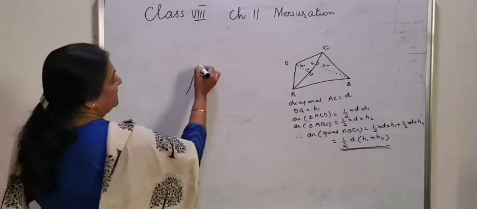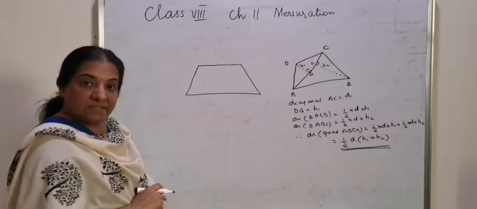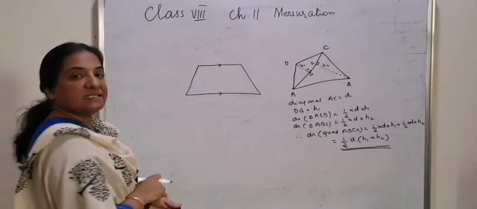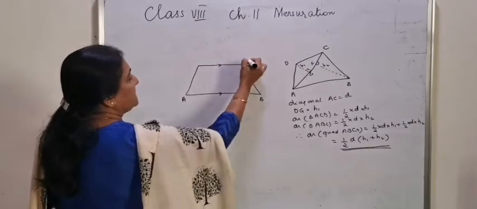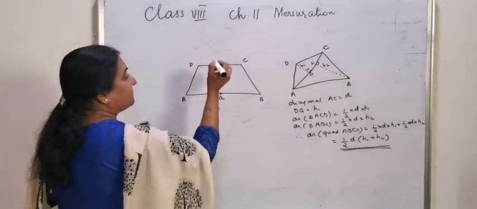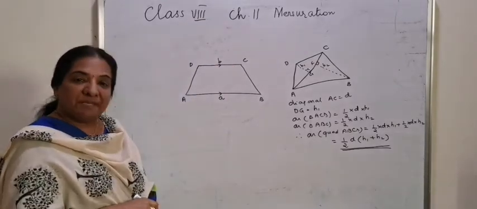If you are given a trapezium, it is a quadrilateral with one pair of opposite sides parallel. Let's call this trapezium ABCD. Let one of the bases AB be a and the parallel base CD, we call it b.